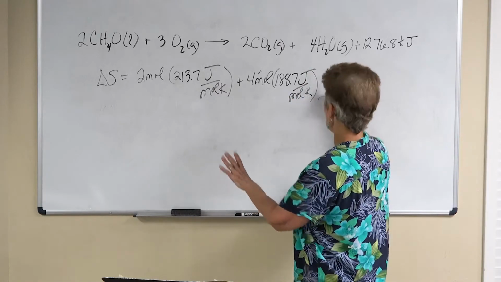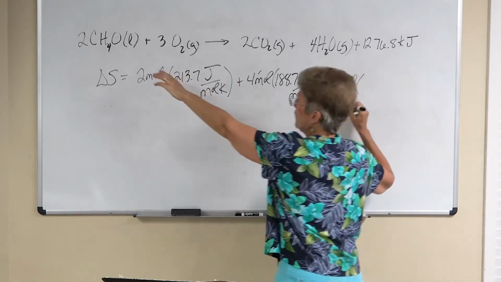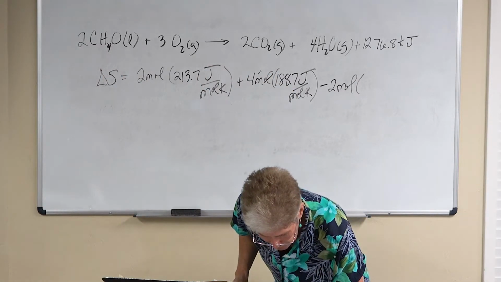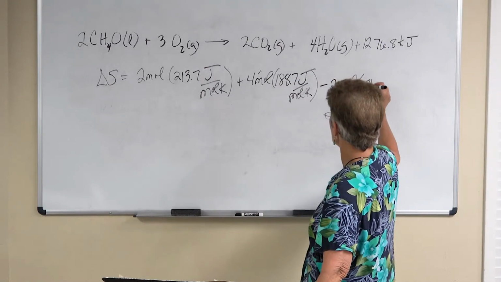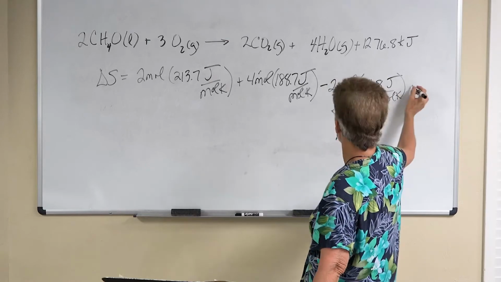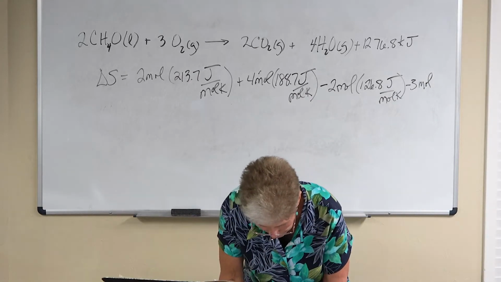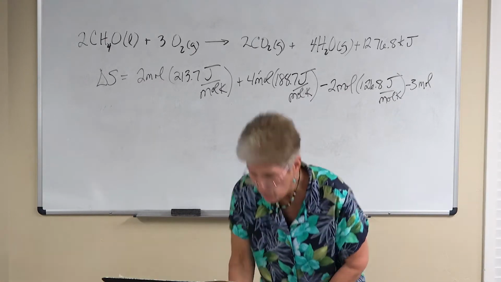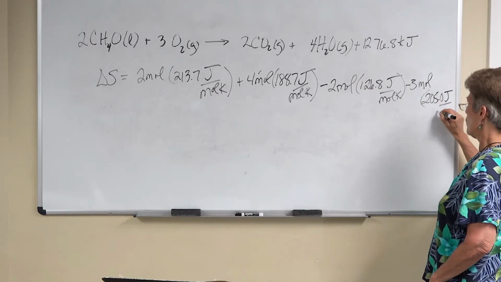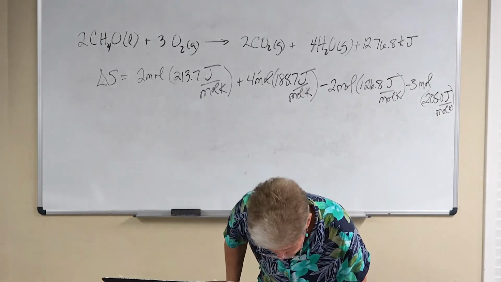And then we're going to subtract 2 moles of CH4O, and we've got the liquid, so that is 126.8 joules per mole Kelvin, minus 3 moles, and in this case, even the elements have entropies, times 205.0 joules per mole Kelvin. Making sure it's 205.0.